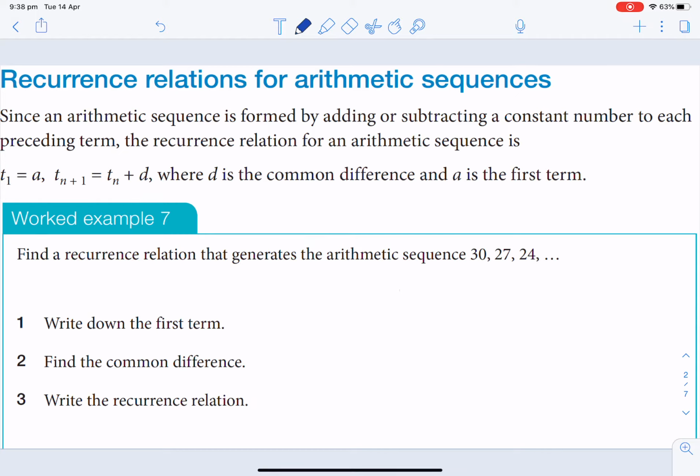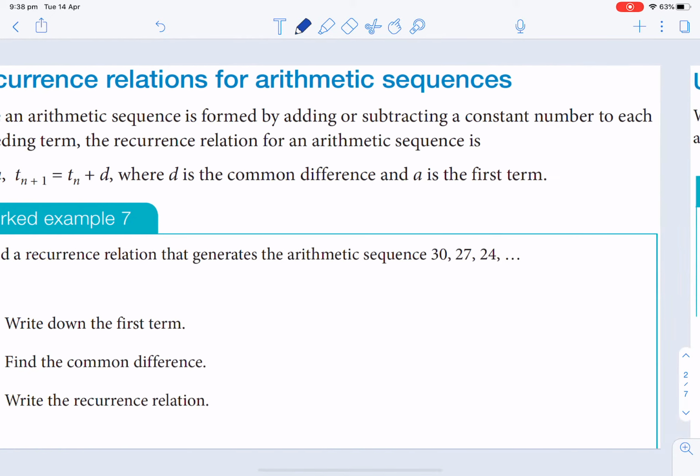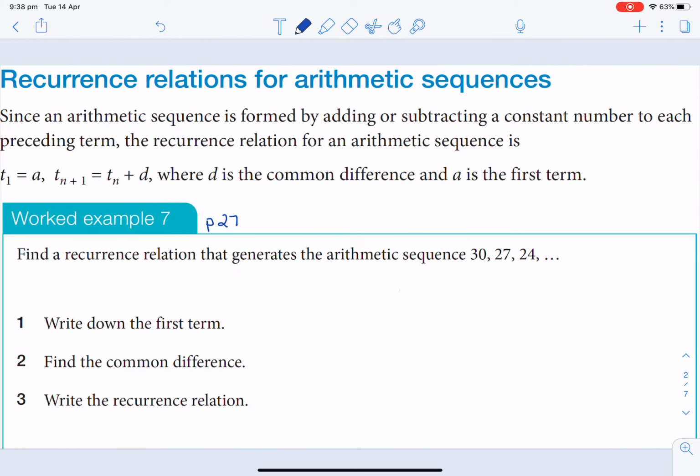So for worked example 7, on page 278 of your textbook: find a recurrence relation that generates the arithmetic sequence 30, 27, 24. Remembering all we want to find in this case is our A value, our D value, and then plug them into a formula. So let's start with our first term. 30, 27, 24.